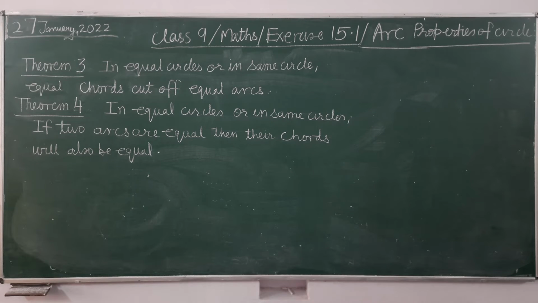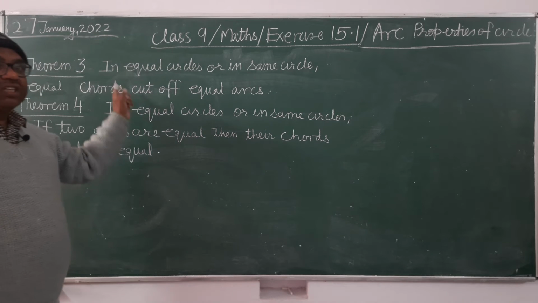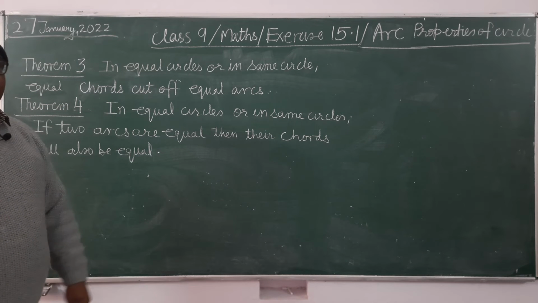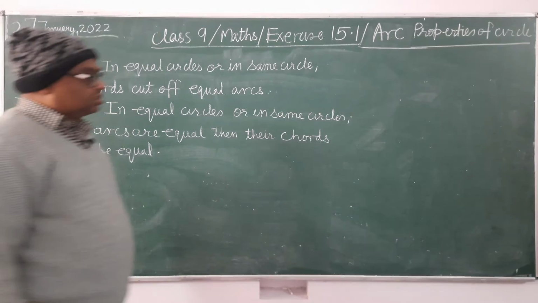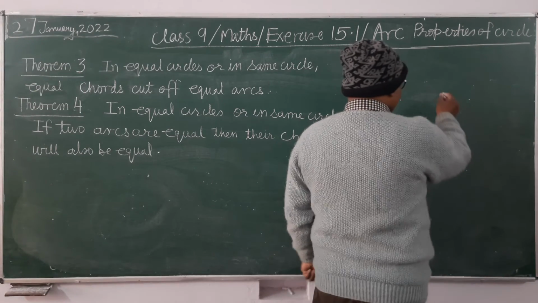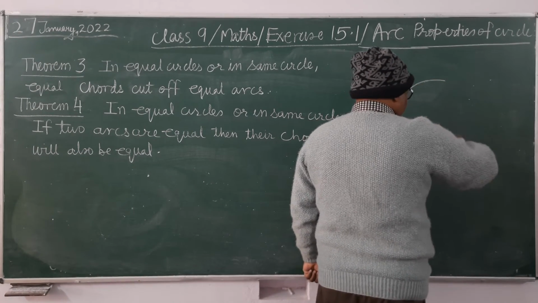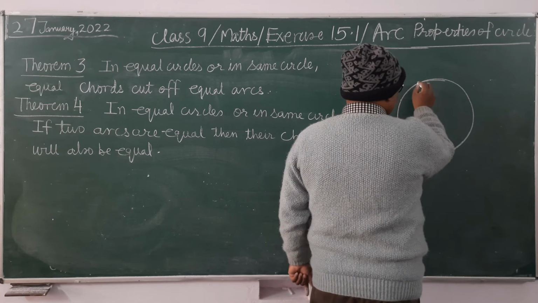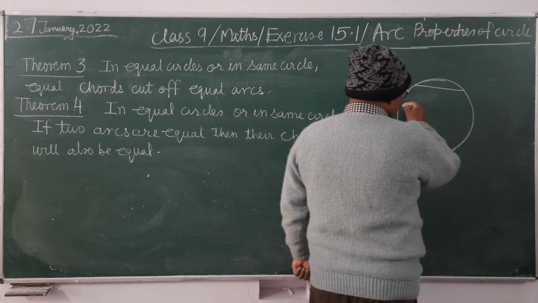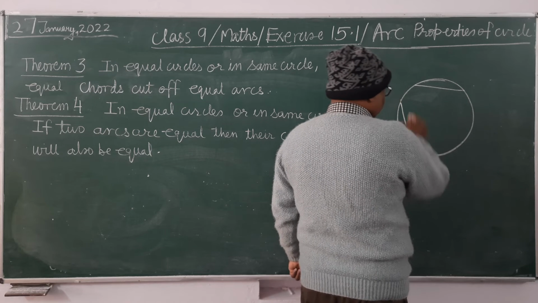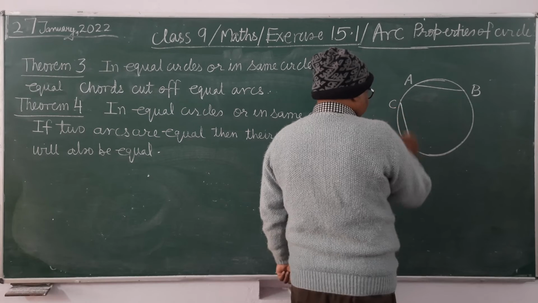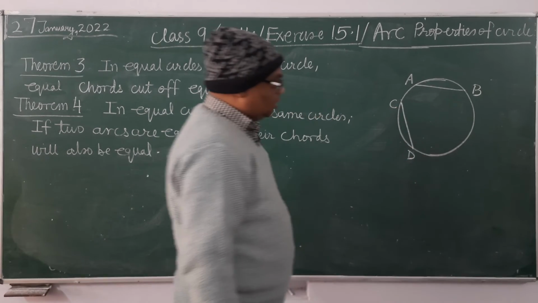Now, see the next two theorems. In equal circles or in the same circle, equal chords cut off equal arcs. You can see here, if chords are equal, then they will cut off equal arcs. These are the two chords, chord AB and chord CD in the same circle.